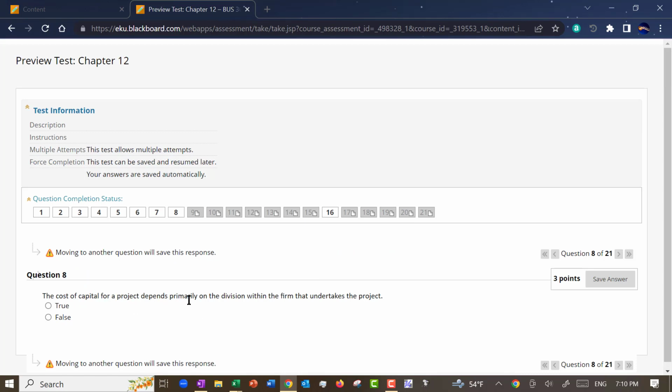"Cost of capital of a project depends primarily on the division within the firm that undertakes the project." Not primarily, so that's false. It's basically the cost of capital of the firm and the relative difference between the division and the firm.